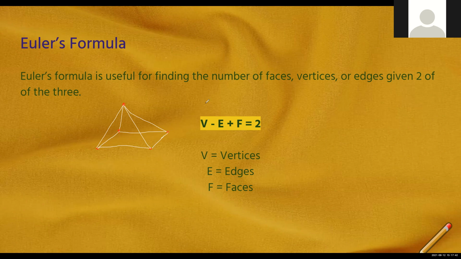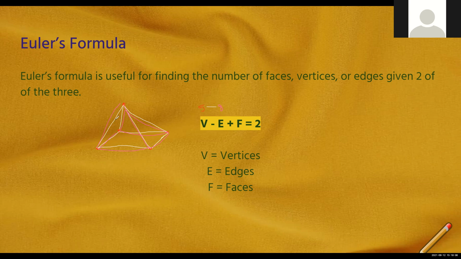So we'd get 5 vertices minus, and then we have to count the number of edges. Edges are 1, 2, 3, 4, 5, 6, 7, 8. So we'd get 5 minus 8, and then we're going to add the number of faces.